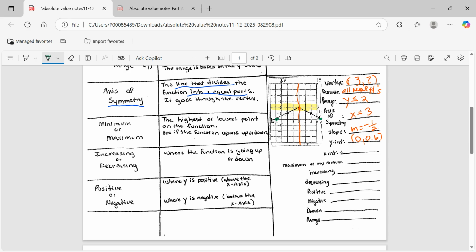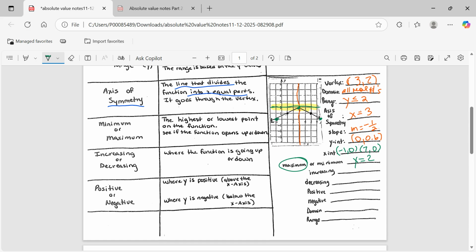And so my x-intercepts are going to be here at negative 1, 0, and out here on the green at 7, 0. If I look here, this point is the highest on the graph. Everything is going to go below it. So the point is at the highest level. That's going to be a maximum. And the maximum is at y equals 2. That horizontal line right there, that's my maximum.